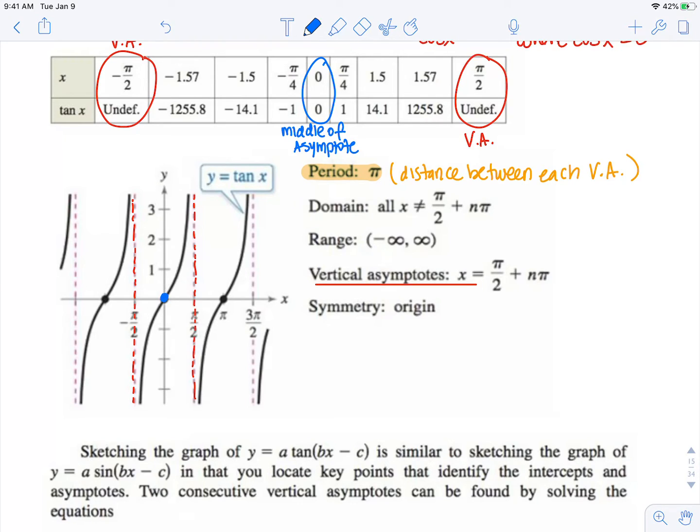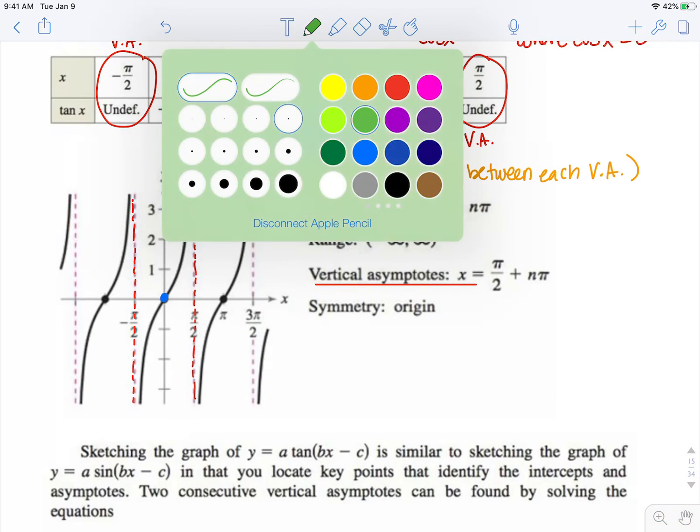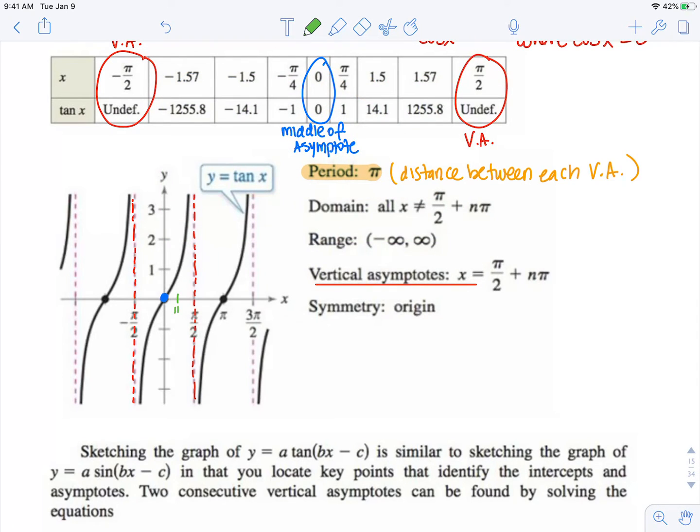And we can get two other points, recognizing that at pi over 4 and at negative pi over 4, tangent is 1 and negative 1. So negative pi over 4 and pi over 4, which is in the middle of that middle. So once we have those two asymptotes and our 3 points of interest, we can sketch our curve.